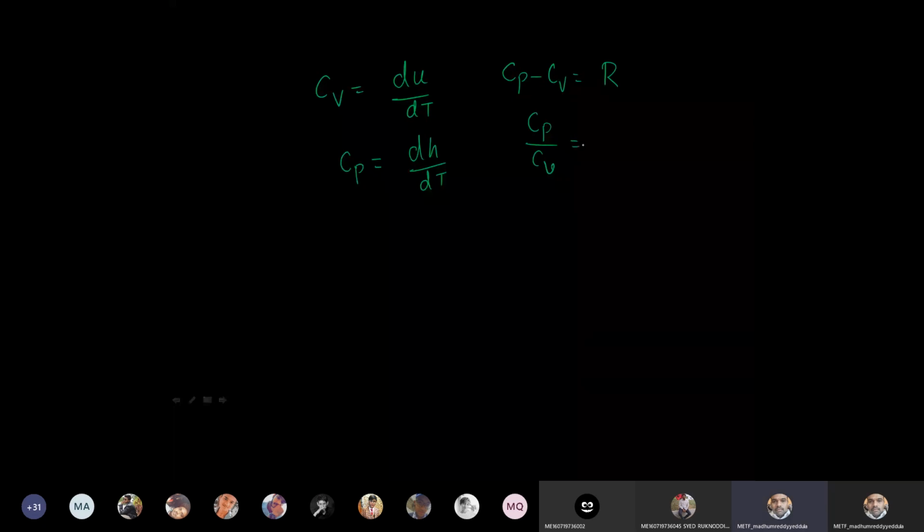From the constant volume process, we can define specific heat at constant volume: Cv equals dU by dT. And from the constant pressure process, we find Cp equals dH by dT. Since we know Cp and Cv, we can find the relation between them. Cp minus Cv equals the gas constant R, and Cp by Cv equals the adiabatic index.